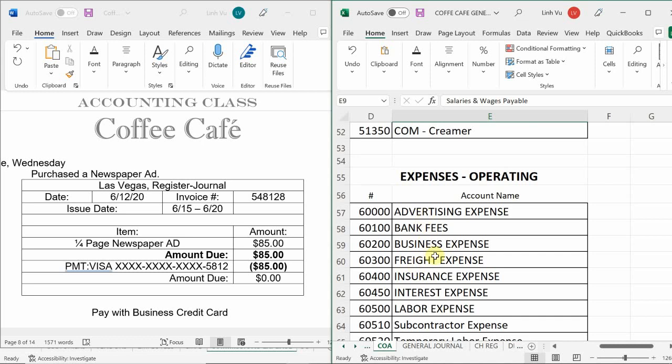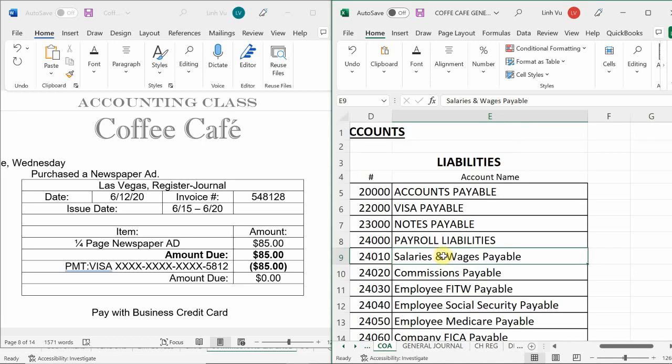And how did we pay for this? On the credit card. Which is what account? It would be bank, wouldn't it? Well, this is a business credit card. Is it our money? No. So how would you categorize a credit card?